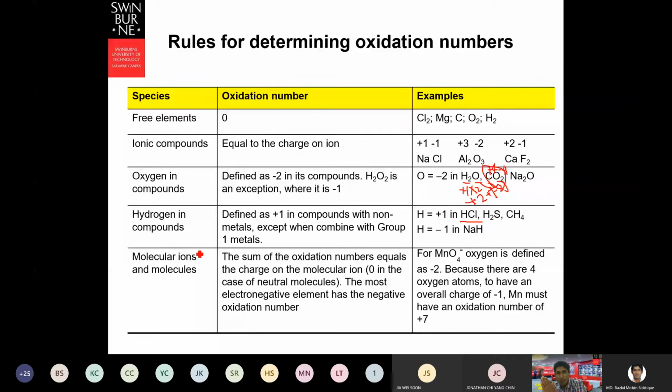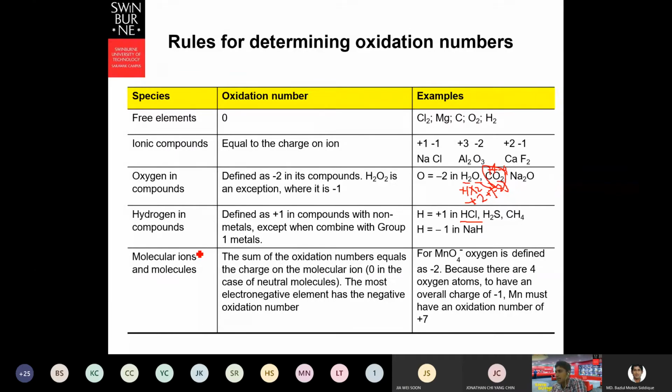But if a compound is carrying any charge, the total oxidation state of the whole compound, no matter how many atoms are involved, is equal to the charge that it is carrying.